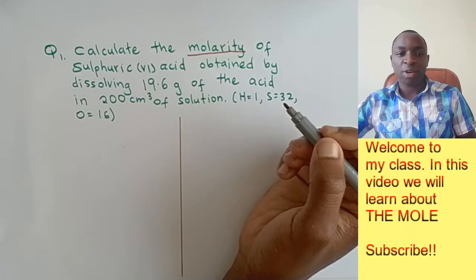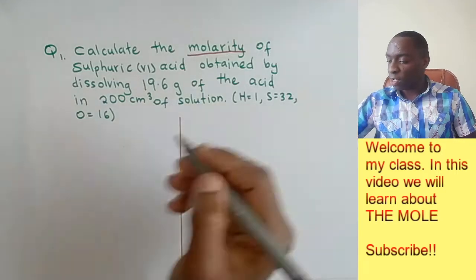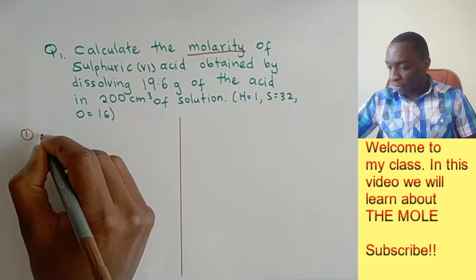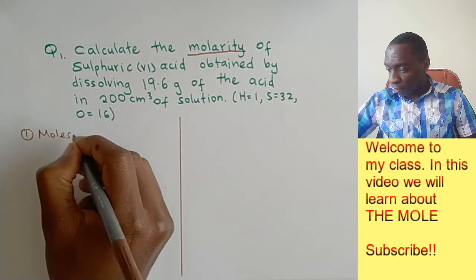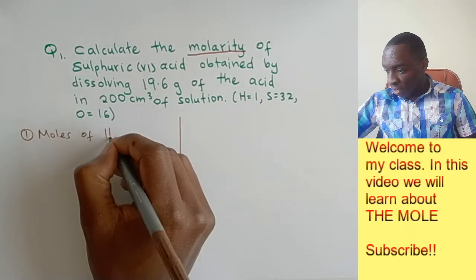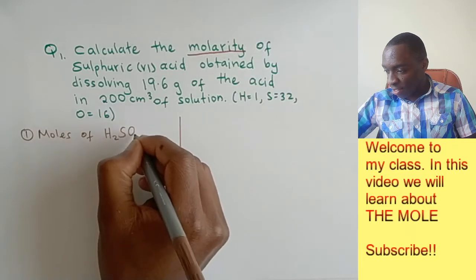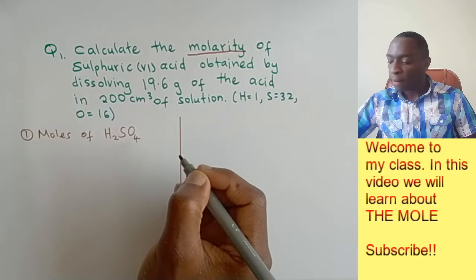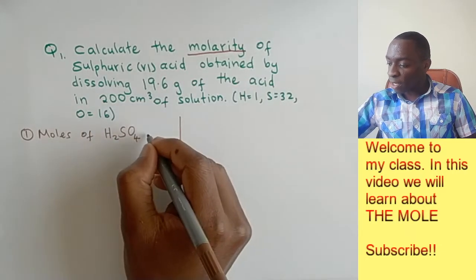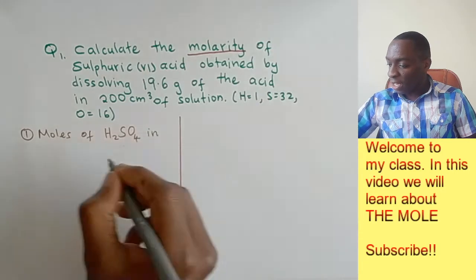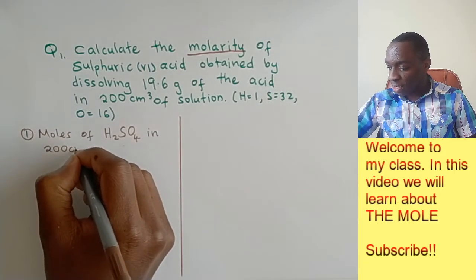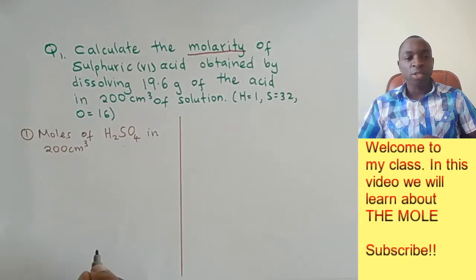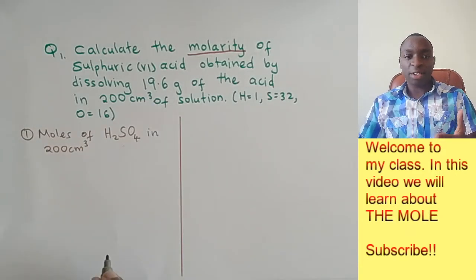The first thing we need to calculate is the number of moles. Number one, sulfuric acid is written like this, the formula. So you need the number of moles of sulfuric acid in the 200 centimeters cubed. That is your first step, and it is easily obtained.